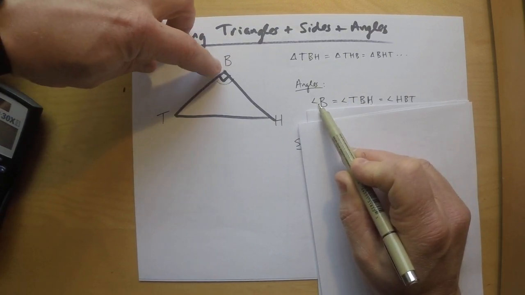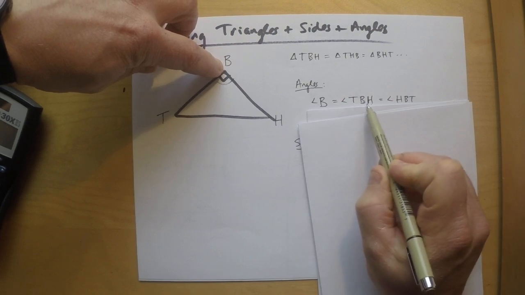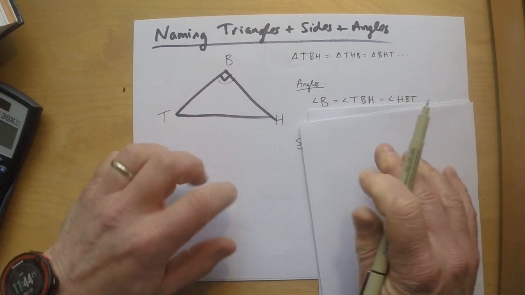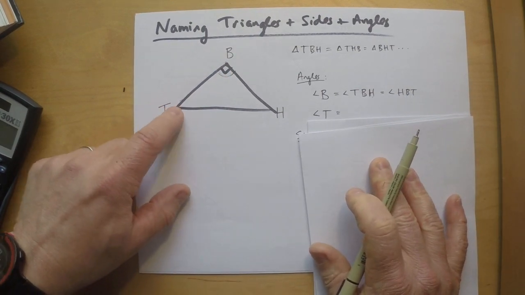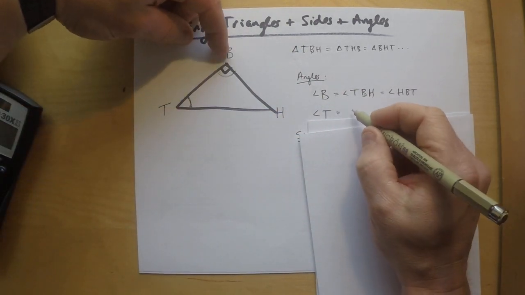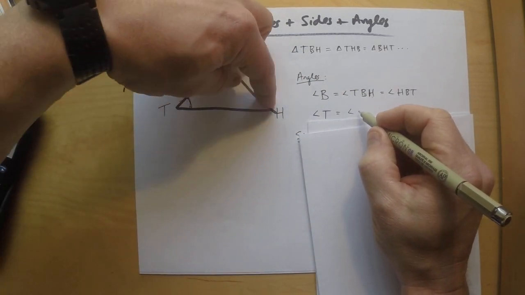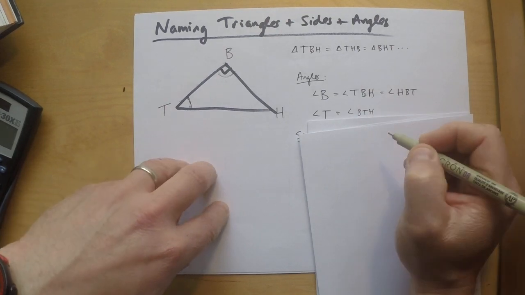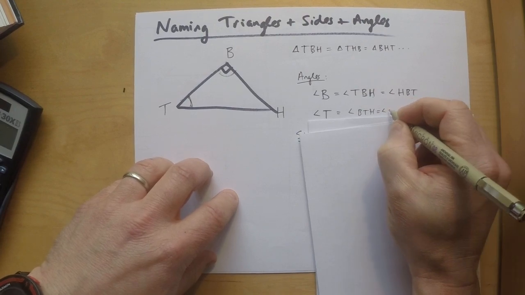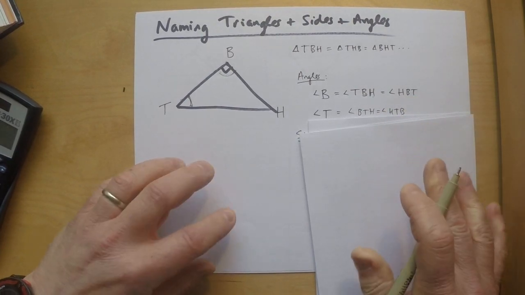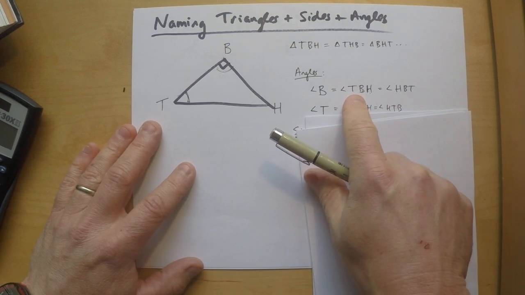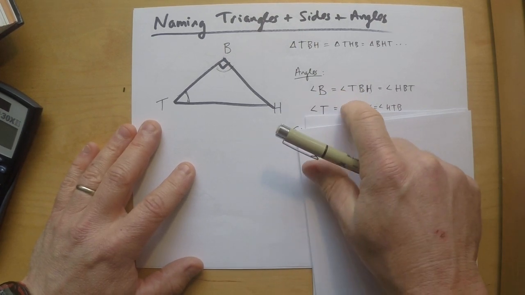If someone said find angle B, there it is. You could also reference it as angle HBT, same thing. Angle T, which is right here, could also be called angle BTH, or angle HTB. That's how they might describe how to find an angle. They might write it this way or that way.